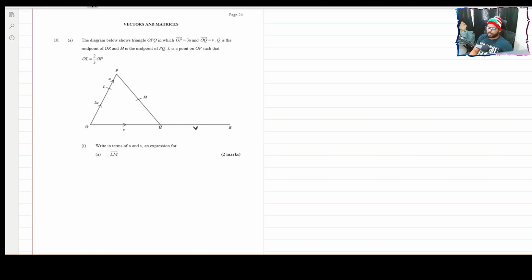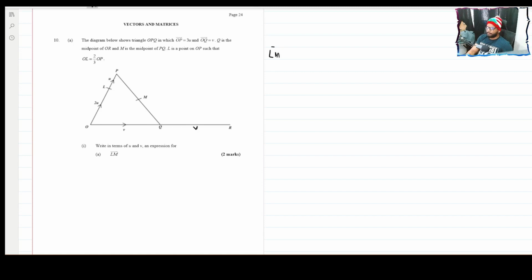M is the midpoint of PQ, sorry. Okay, good. And L is on OP such that OL is 2/3 OP. So they actually give us a very good piece of information here. Write in terms of u and v an expression for LM.